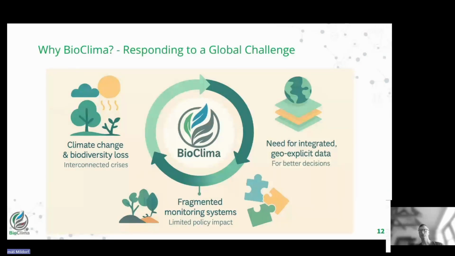So we would like to contribute to that with standardization and means how to integrate them and describe them, and then to use them for analysis and improving the climate change and biodiversity loss eventually. So it's a closed loop. We are working on all sides of it.